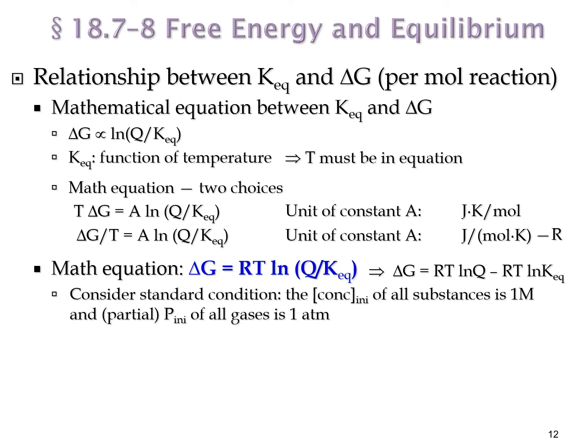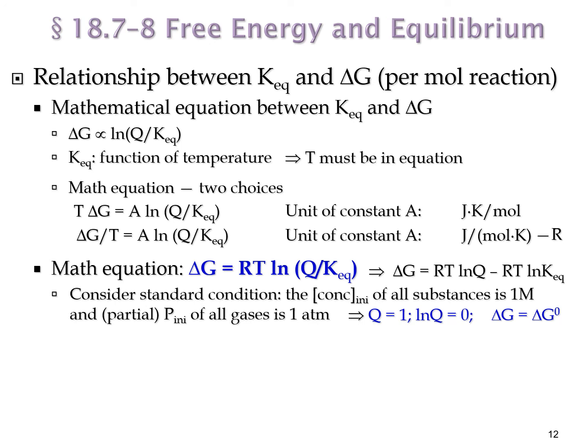The initial pressure of all gases must be 1 atm, meaning there's going to be 1 with a certain power, all multiplied, all divided by 1 with any power, which is equal to 1. 1 multiplied by 1 is equal to 1. 1 divided by 1 equals 1, meaning Q equals 1. If Q equals 1, log of Q equals 0.